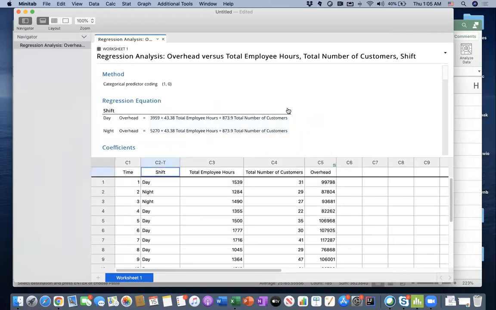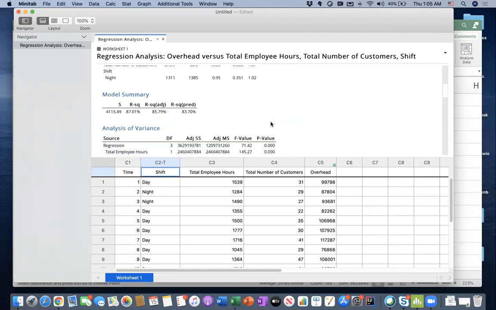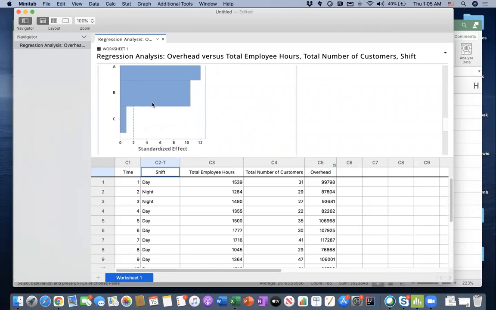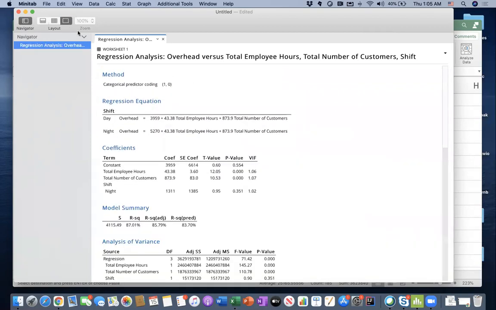Minitab runs multiple linear regression analysis for you, and it produces lots of useful stuff here. So let me get onto that information. Let me get this out of the way. First and foremost, it is telling me that it decoded my categorical variable shift into 1 and 0. I explained it earlier. 0 means day and 1 means night. And it produced two different prediction equations for me.